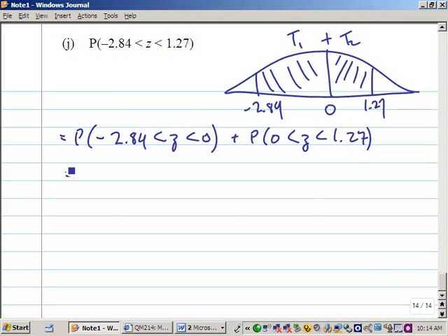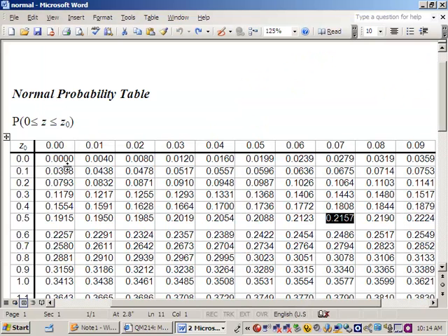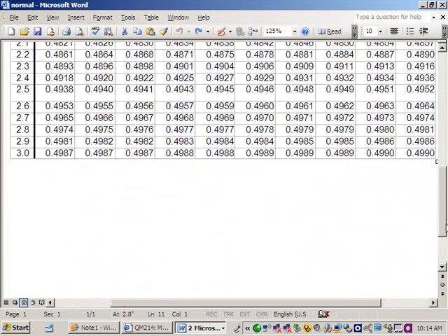Let's now look those two probabilities up. 2.84: 2.8, 1, 2, 3, 4.